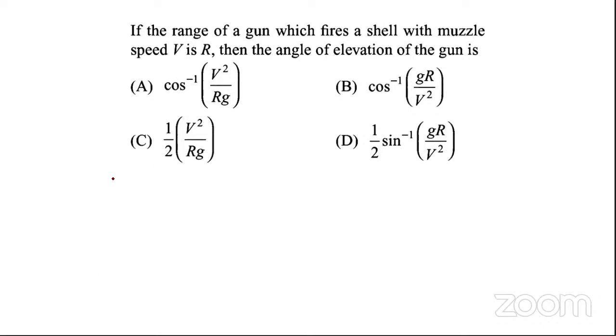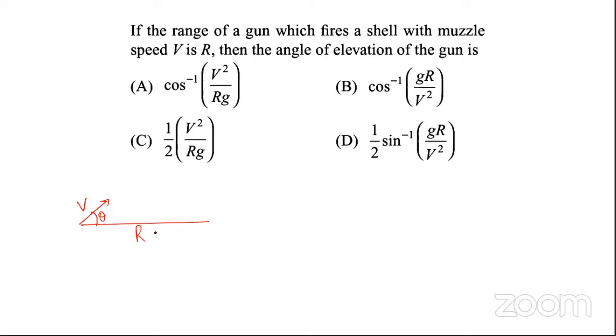Alright, let's proceed to the solution. See, what's given is the range of a gun which fires a shell with muzzle speed v is R. That means the initial velocity is given as v, the range is given as R, and the angle of elevation, theta, is asked.